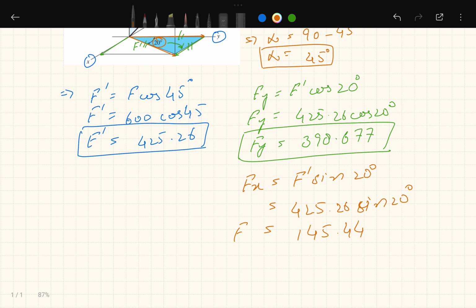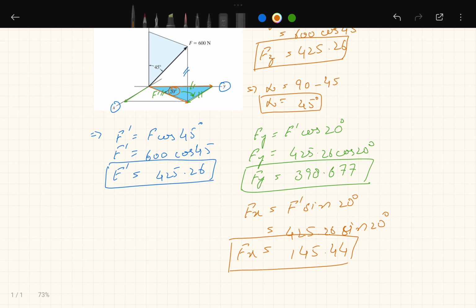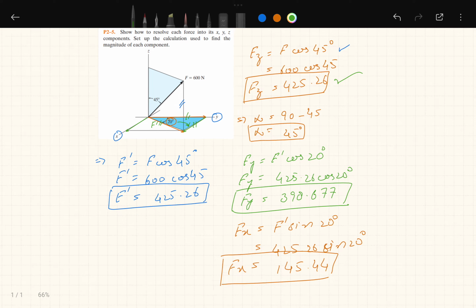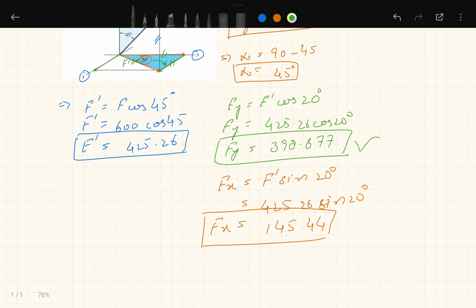Okay, now we got the x component as well. So we have the x component, we have the y component, and we also have the z component.